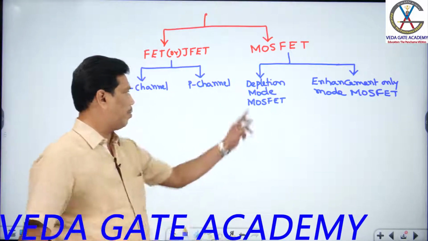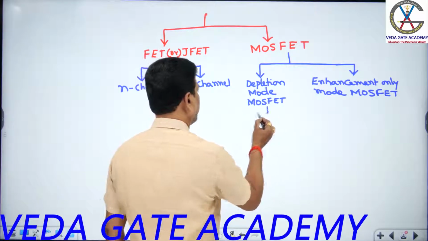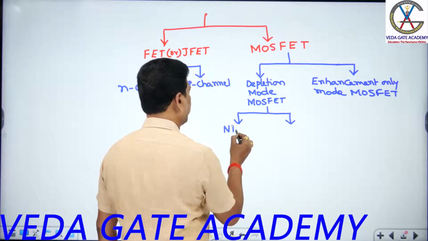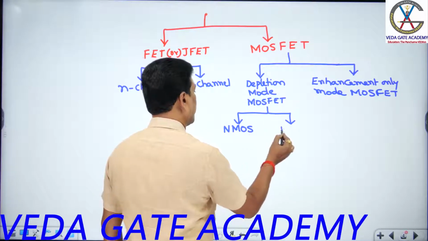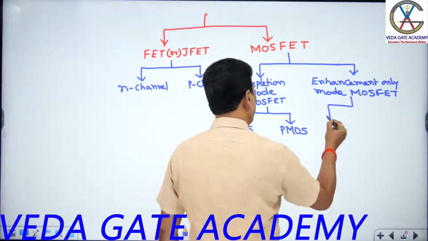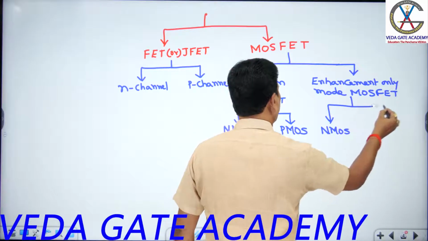And each mode of this MOSFET can again be classified depending on the channel body as two types, that is NMOS and PMOS. So N channel MOSFET, this is P channel MOSFET. Again, you find two things, N channel MOSFET, P channel MOSFET.